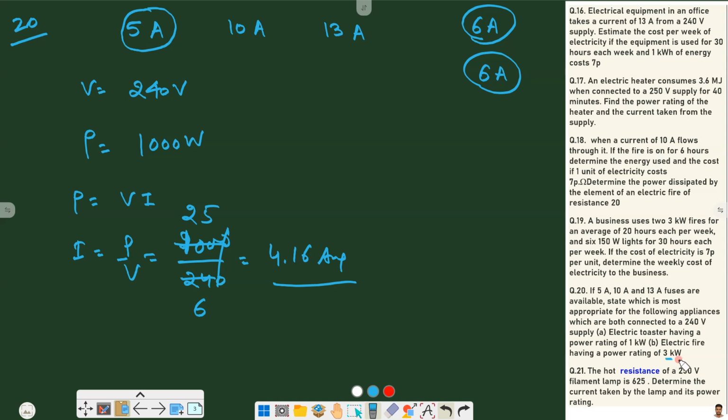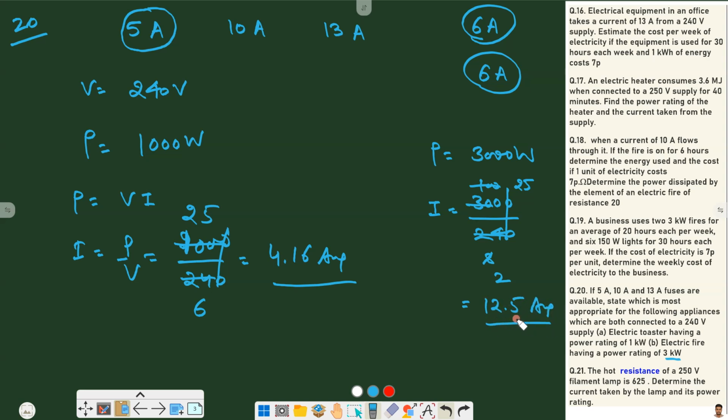Now power is given for electric fire, it is 3 kilowatt. So now new power is 3 kilowatt or 3000 watts. So current will be 3000 by 240, and this will be 100 by 8 and 25 by 2, or 12.5 ampere.